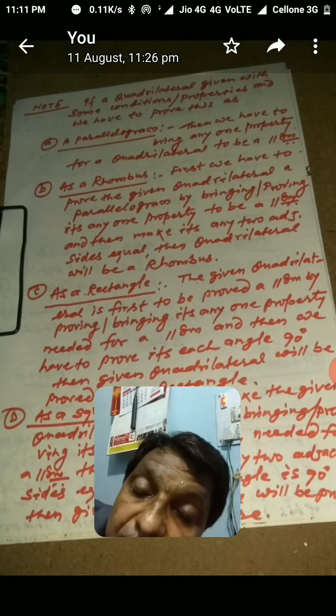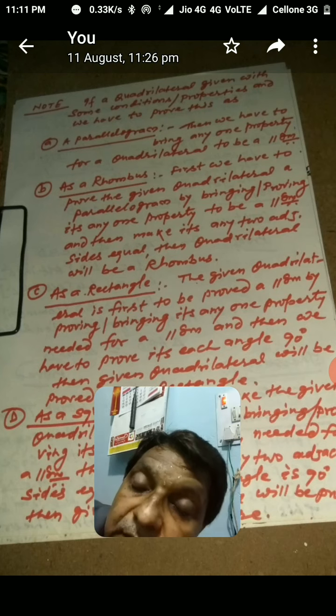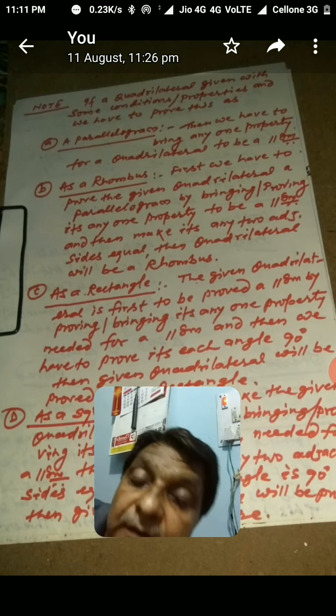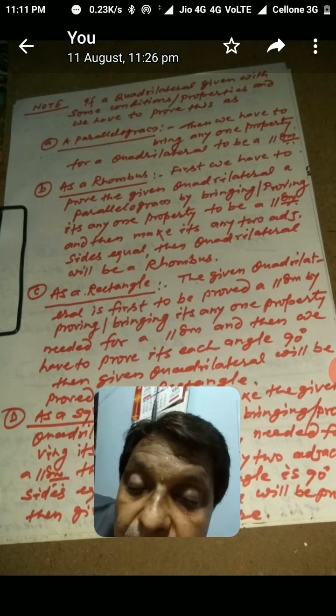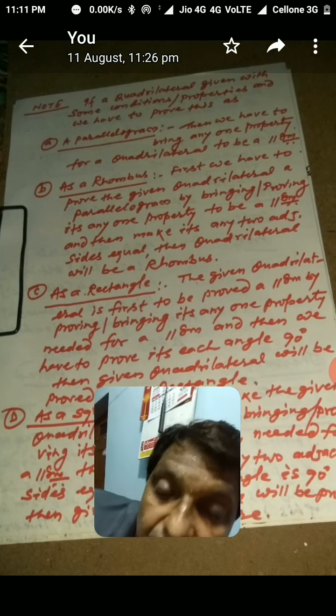So in addition to these 5 rules, one more rule is there, which is called the necessary and sufficient condition. With the help of this rule, we can prove that a given quadrilateral is a parallelogram.